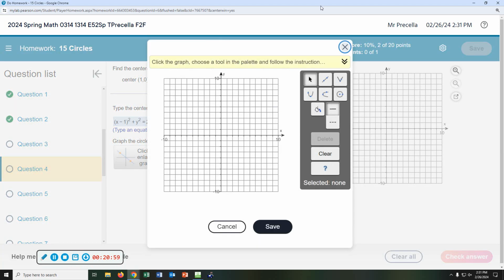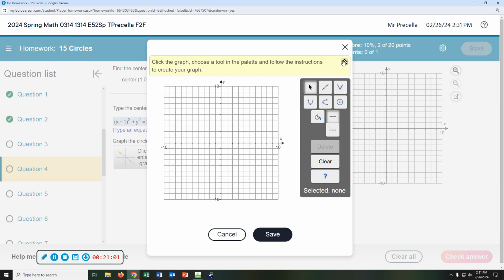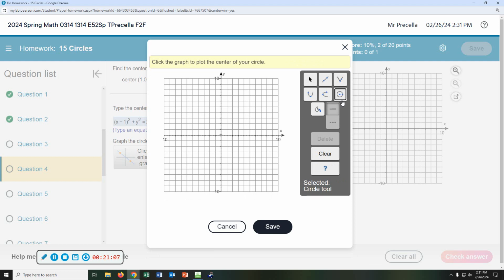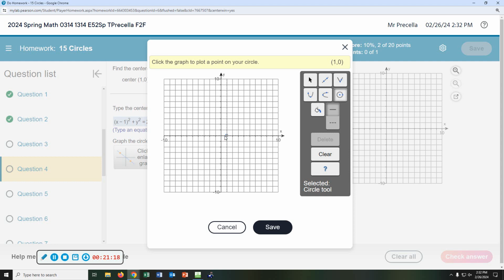Click, and there. Okay, so I'll click my circle tool. Then the center was 1, 0. Is that it? 1, 0? Yes. And then it puts the radius? 5.